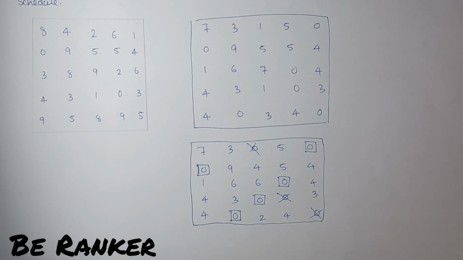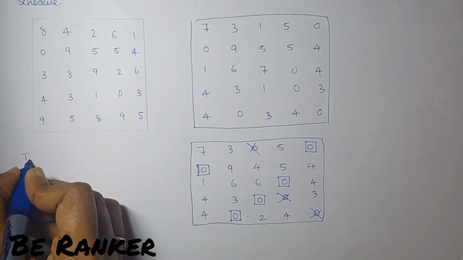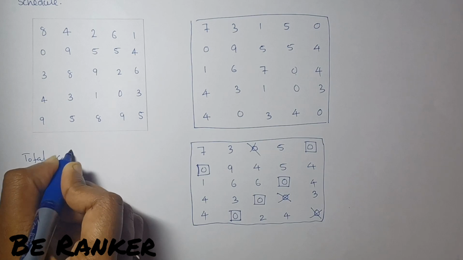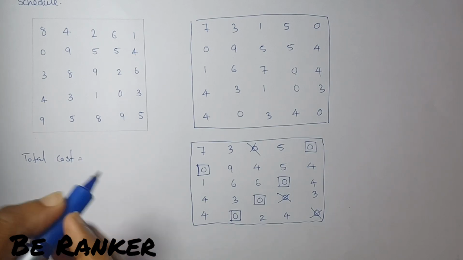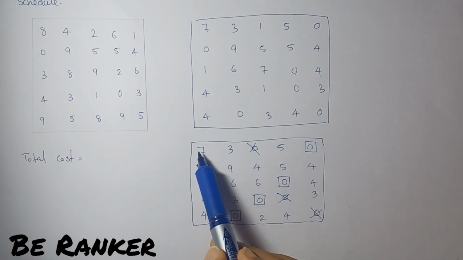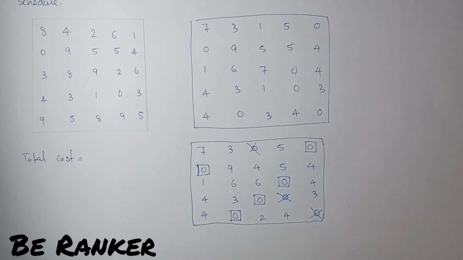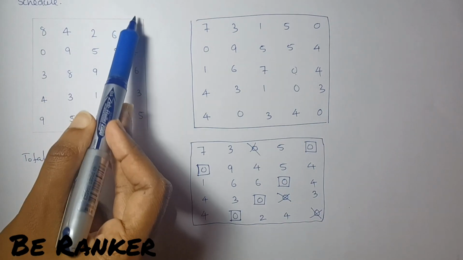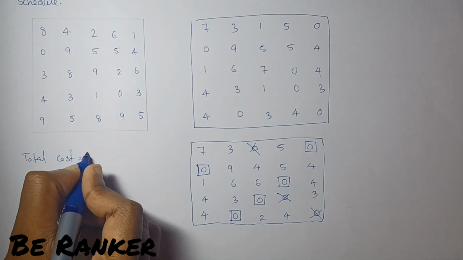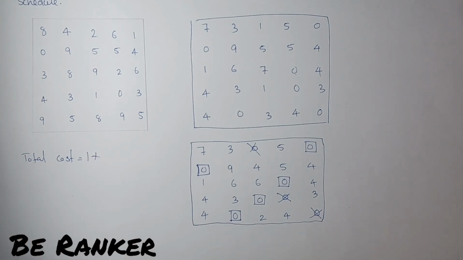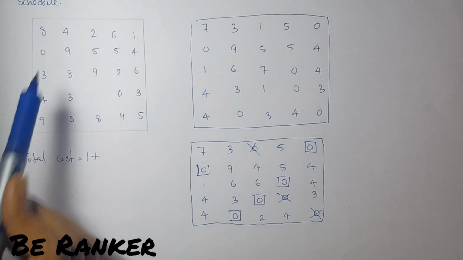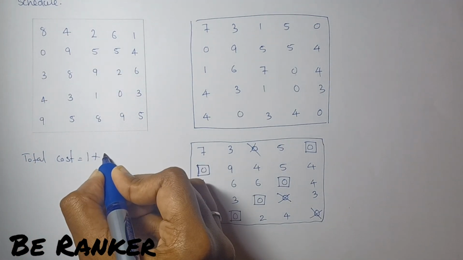Then the last step is to find the total cost. So now the total cost is: first row, last column, is 1. So 1 plus, second row, first column, it is 0.